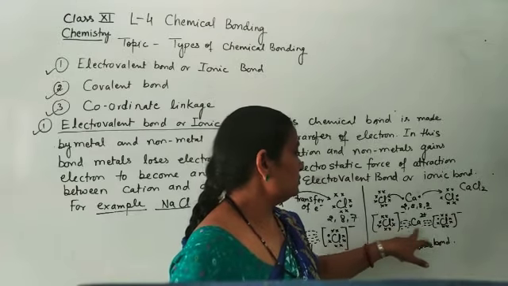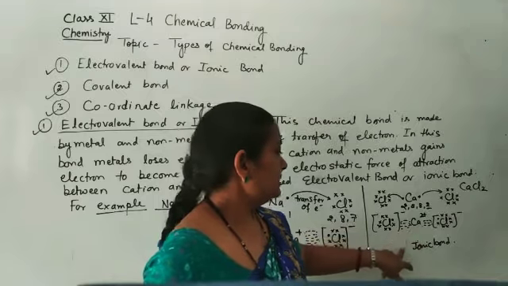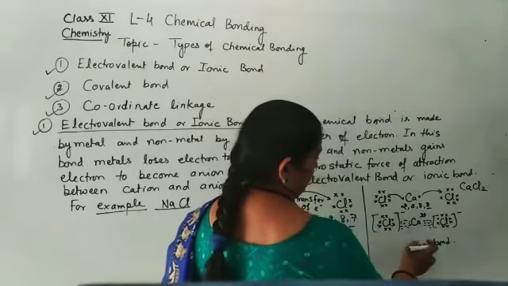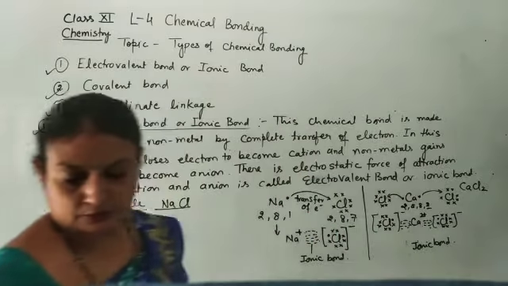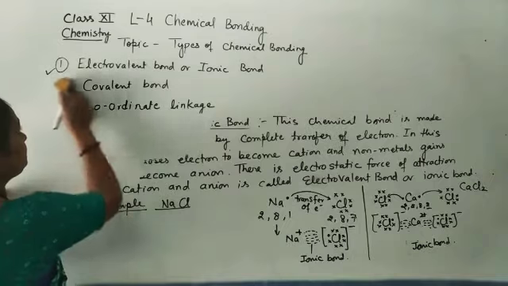Here you will see 2 chloride ions are joined to this calcium ion. This is the electrostatic force of attraction. This is ionic bond.